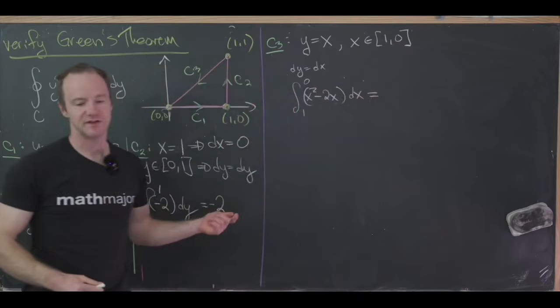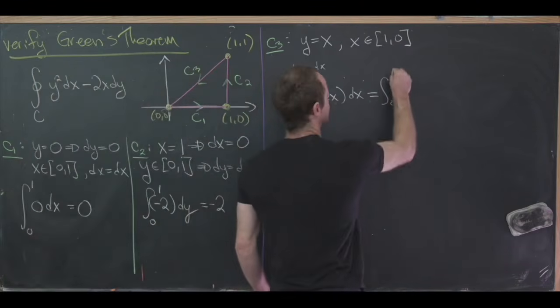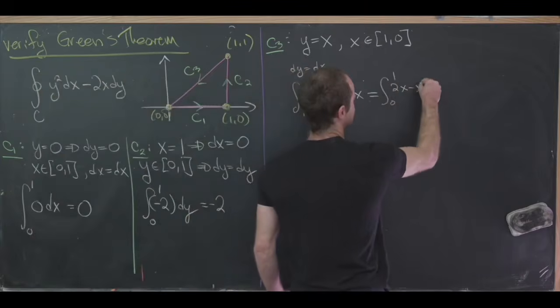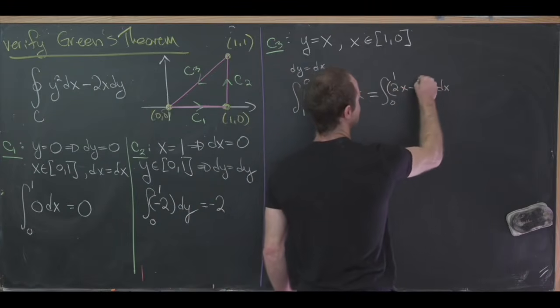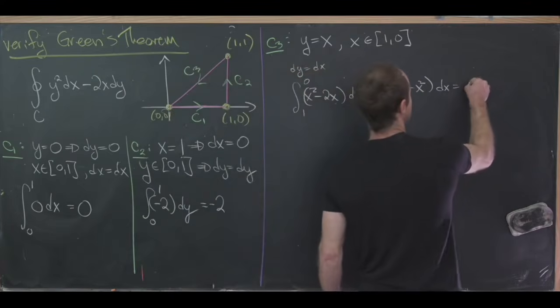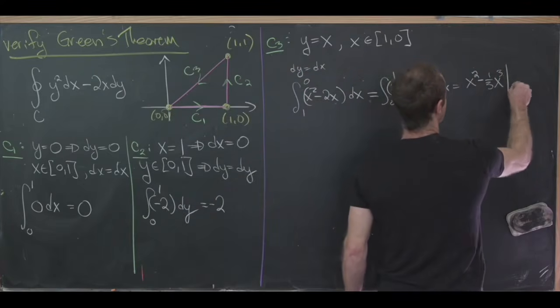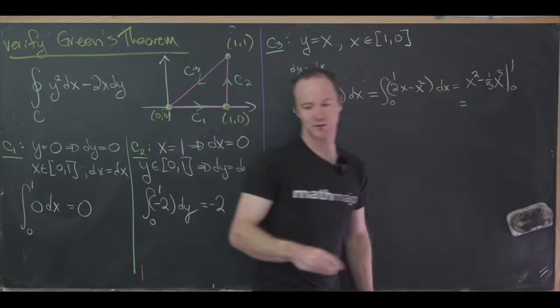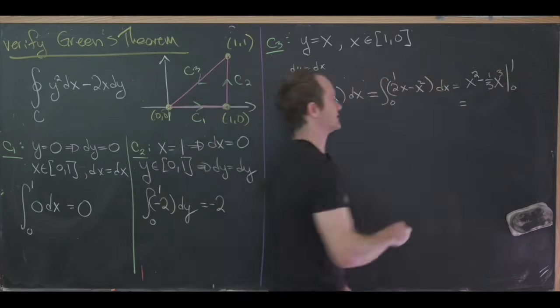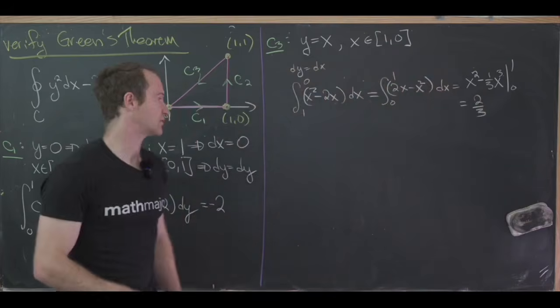But now we can just view this as a standard integral, and this would be the integral from 0 to 1 of 2x minus x squared dx by changing the order of integration. But then that gives us x squared minus a third x cubed evaluated from 0 to 1. But that gives us the number 2/3 because it's 1 minus a third. I think that's pretty clear.